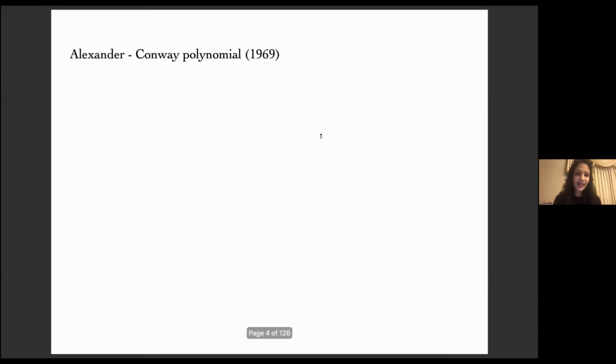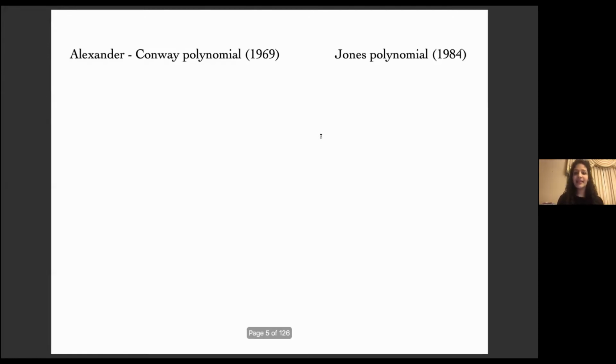And then in 1969, John H. Conway rediscovered this relation, which he called a Skein relation, and he normalized this polynomial, and this gave rise to the Alexander-Conway polynomial. And for many years, this was the only polynomial link invariant for links in S3.